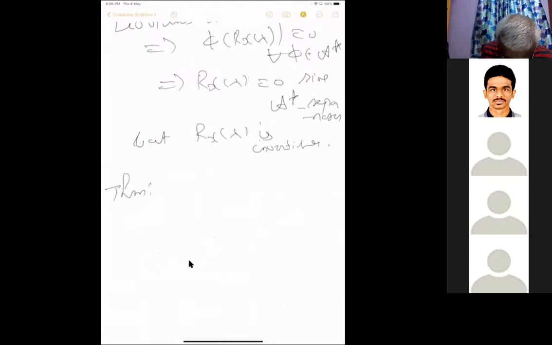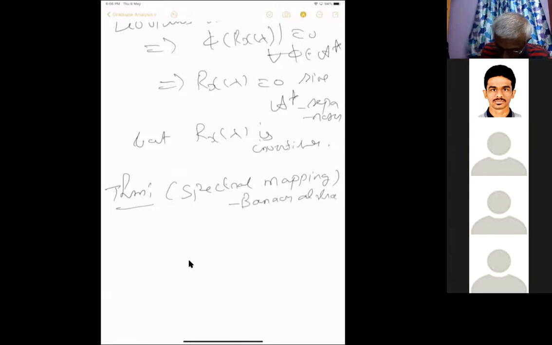There are different versions of this spectral mapping theorem; this is the spectral mapping theorem for Banach algebras. You can have it for continuous functions also, but for polynomials, we will be proving this.